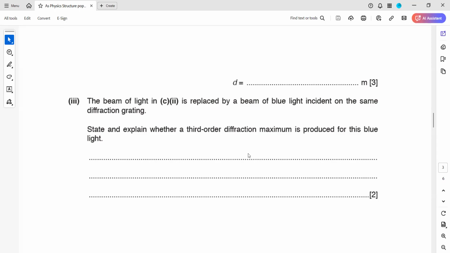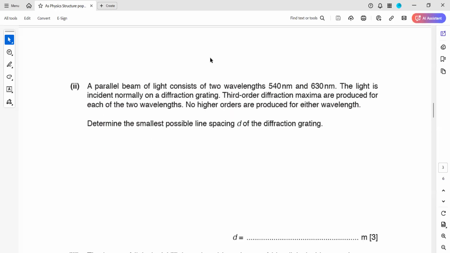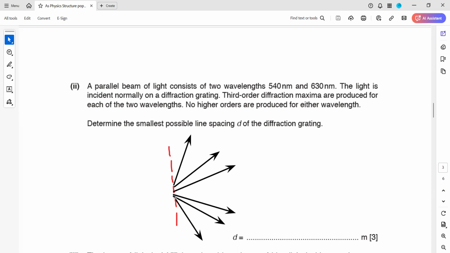So if you compare the blue light with this wavelength, when we were using 630 nanometers, the longest wavelength, it was producing third order maxima. This is the central maxima where n is equal to 0.